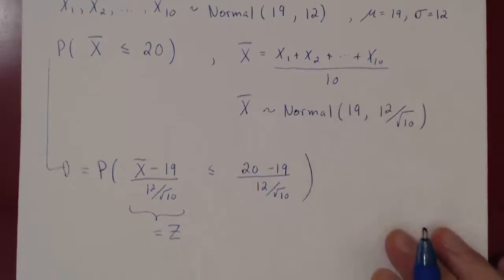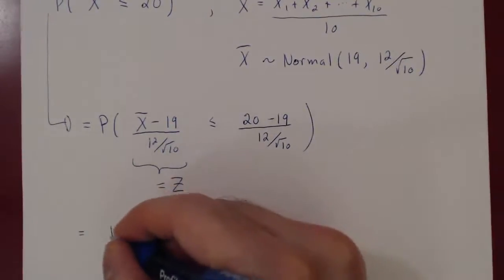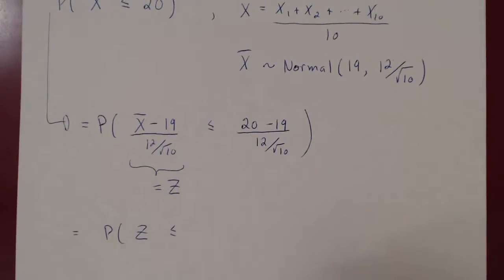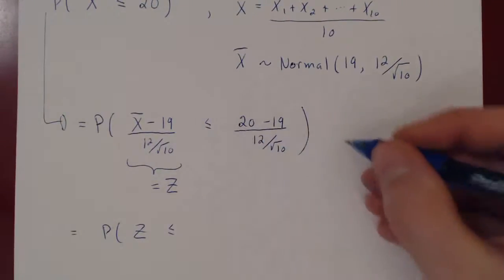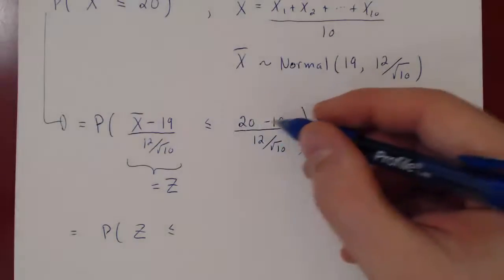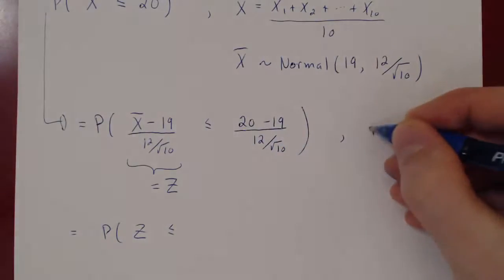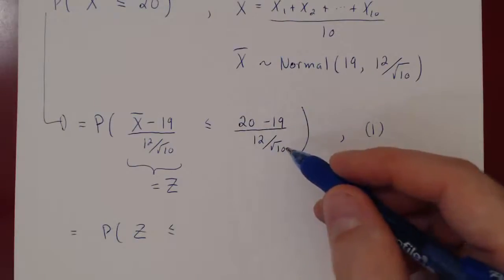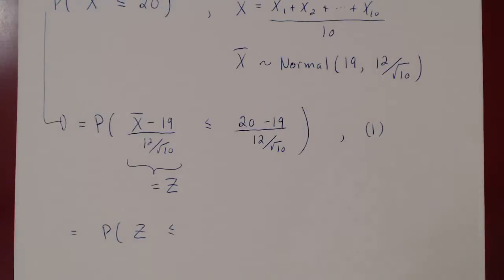Well, let's compute this now. This will be the probability that z is at most 20 minus 19, which is just 1, divided by 12 over root of 10. If you divide by a fraction, that's the same as multiplying by the inverse.